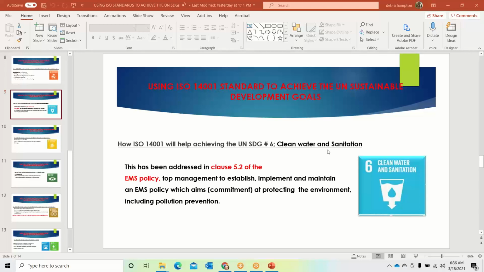So they have to develop a policy, thereby expressing their commitment towards protecting the environment. And in protecting the environment, we cannot avoid so many things, for example, pollution. That is a typical example in the clause. So they have to be committed to protecting the environment, pollution inclusive.